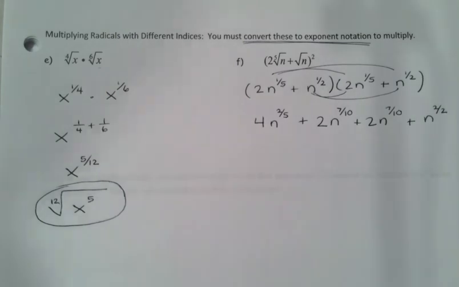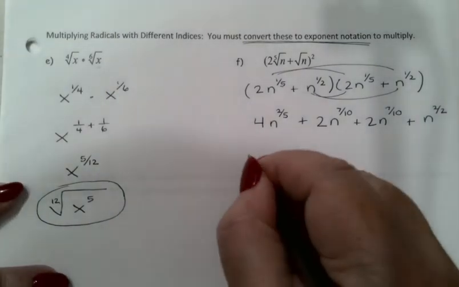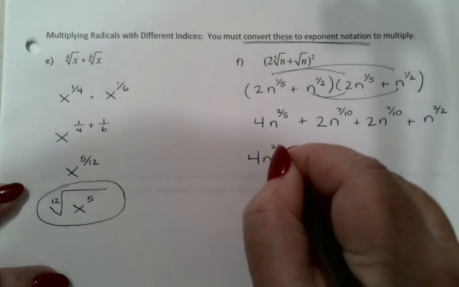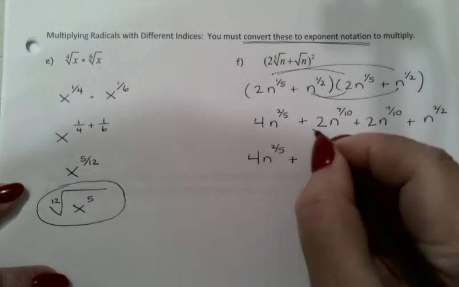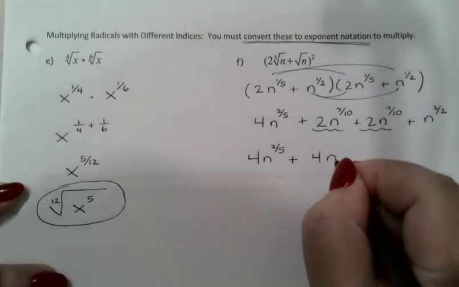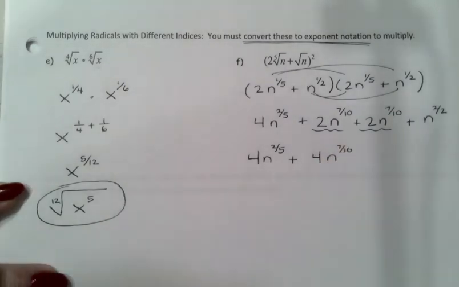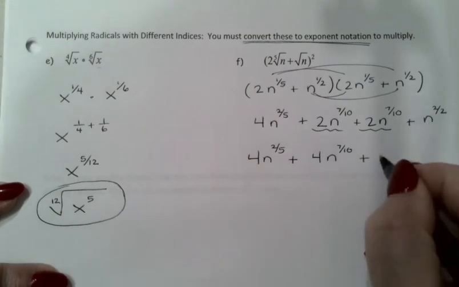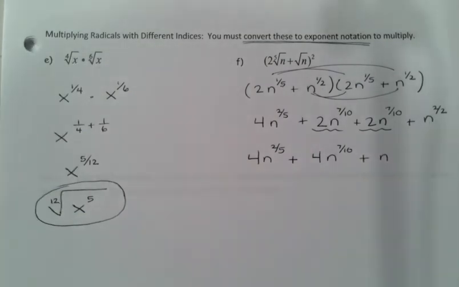Of course, that's just going to be n to the 1st, right? All right, we're almost there. 4n to the 2/5, plus, I'm going to combine those like terms, 4n to the 7/10, plus simply n to the 1st.